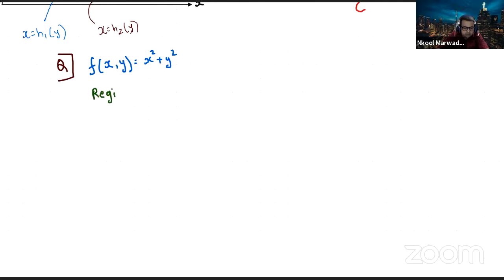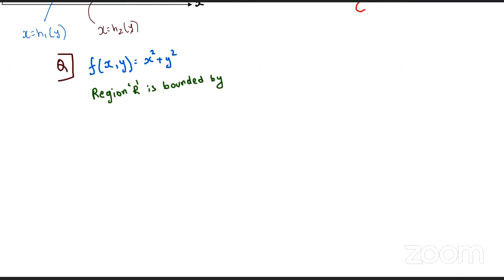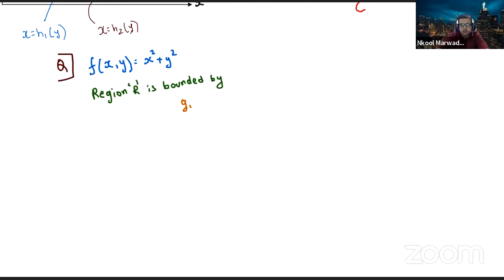Region R is bounded by g1(x) is equal to x and g2(x) is equal to 2x. And the interval given to us is x from 0 to 2.